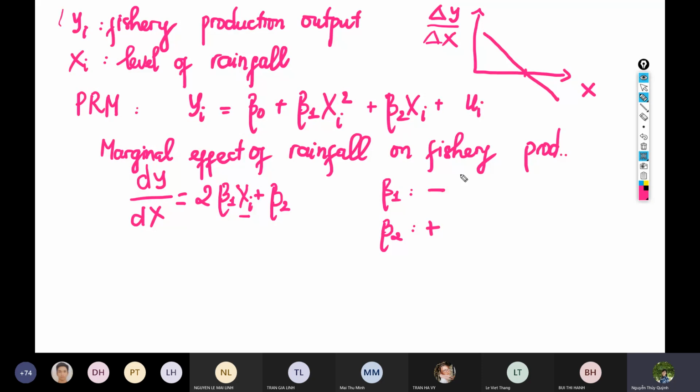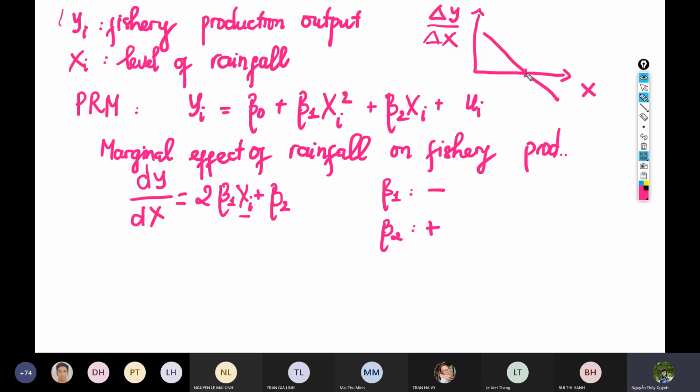At first, when the level of rainfall increases, fishery production output will also increase, because the marginal effect here is a positive number.